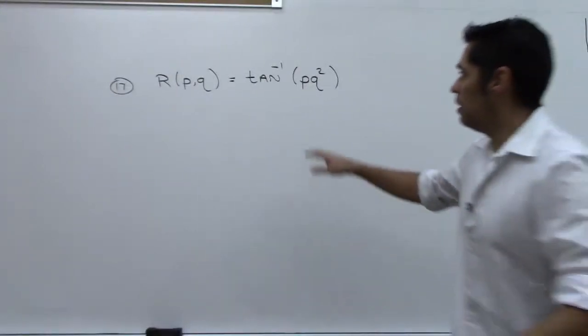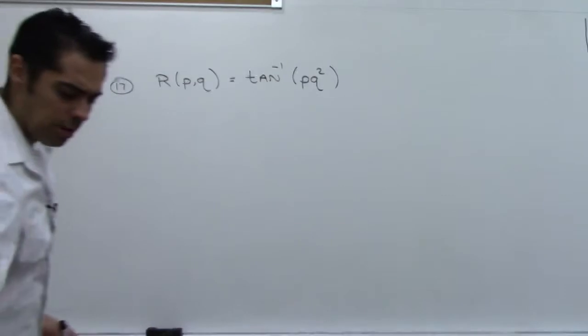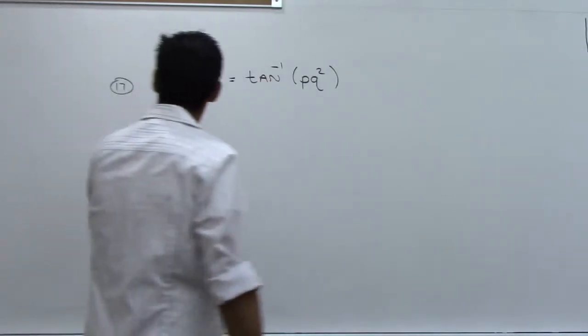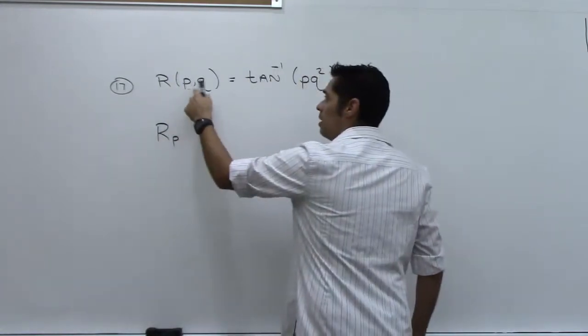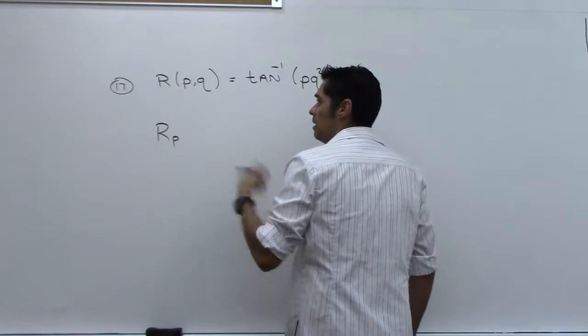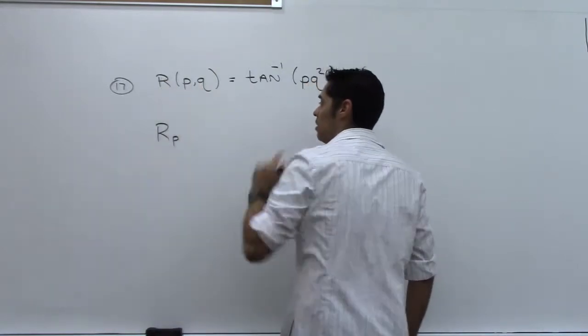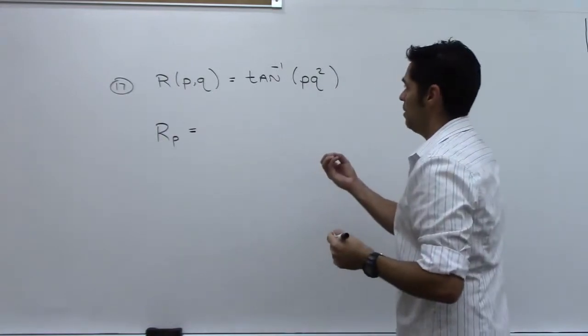We have an inverse trig function, and inside of it our argument contains both of our variables p and q. So what we're going to first do is try and find the partial of r with respect to p. Since we have two variables, our function's name is r, this is one of the possibilities. The other one would be the partial of r with respect to q. So if I do this, I'm going to hold q as being a constant.